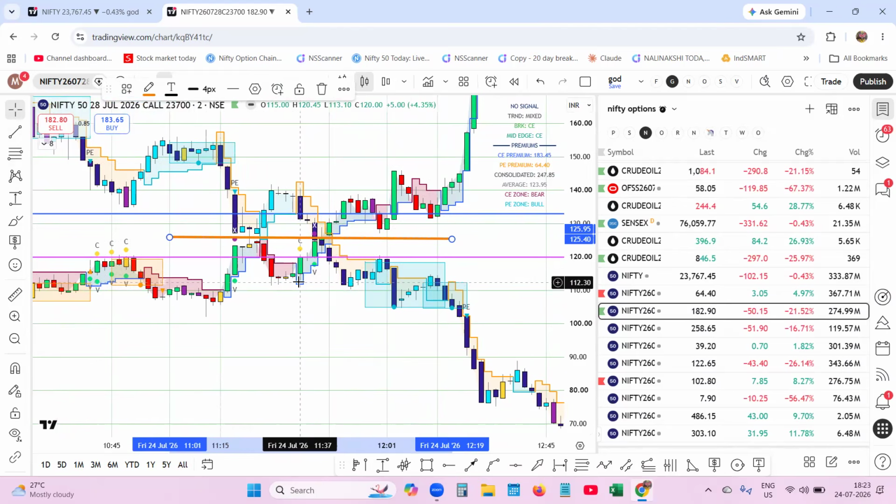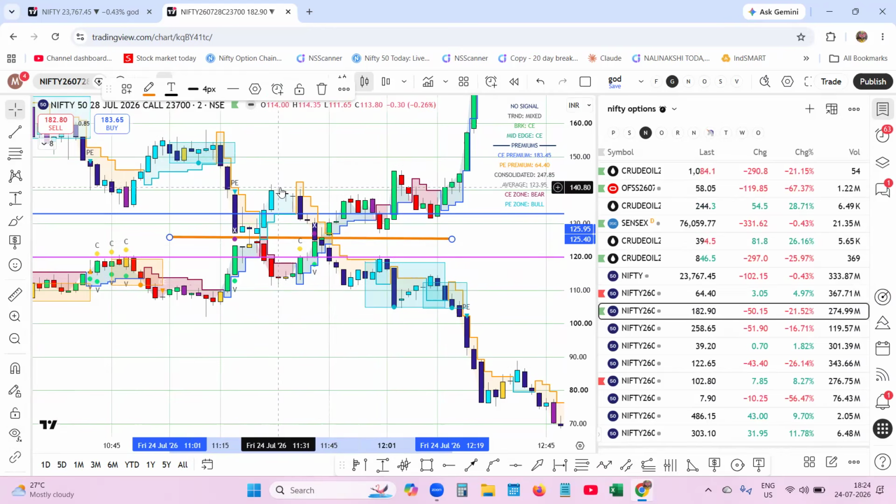Notice one thing. When the call option made a high and then came down, it is making a higher low, whereas the put option is not making a higher high. So it is making a lower high.